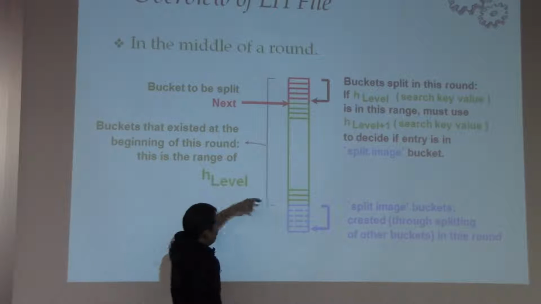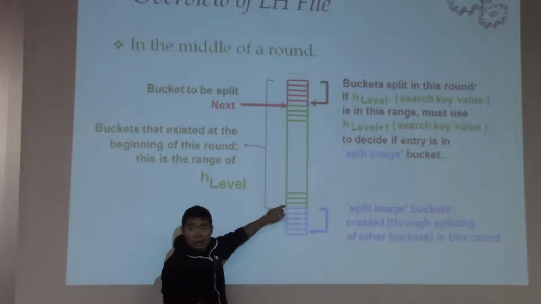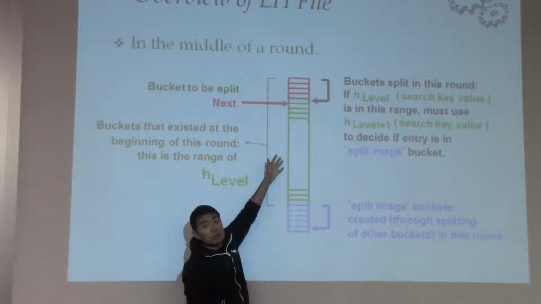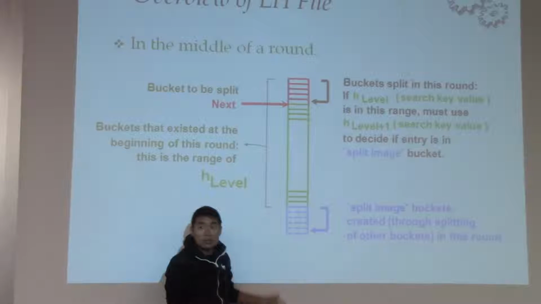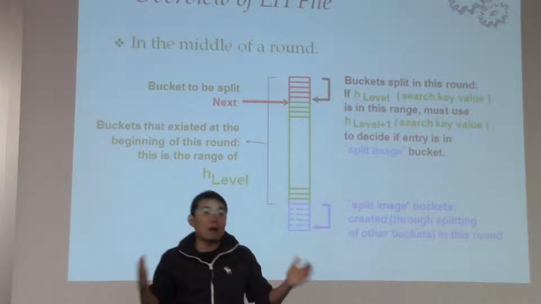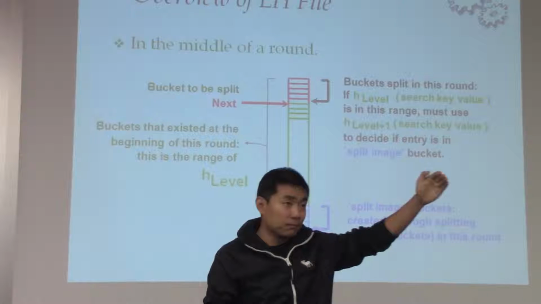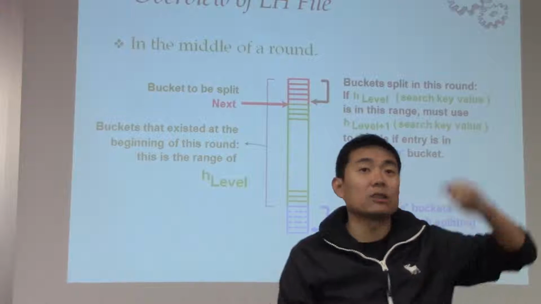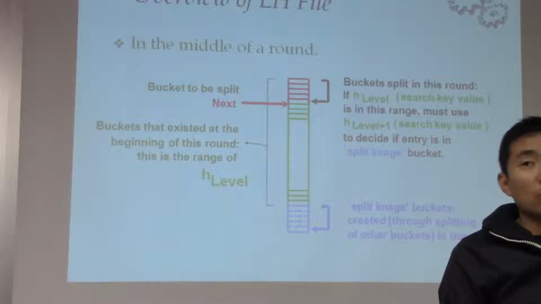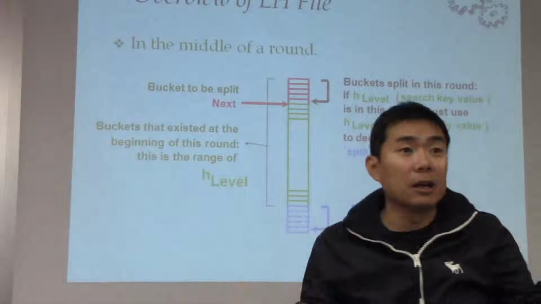And when you finally reach here, when you have split all the green buckets, meaning you have red buckets all the way and an equal number of blue buckets down below, you reach the end of the current level. You go to the next level, you reset and move the next pointer to the very top.